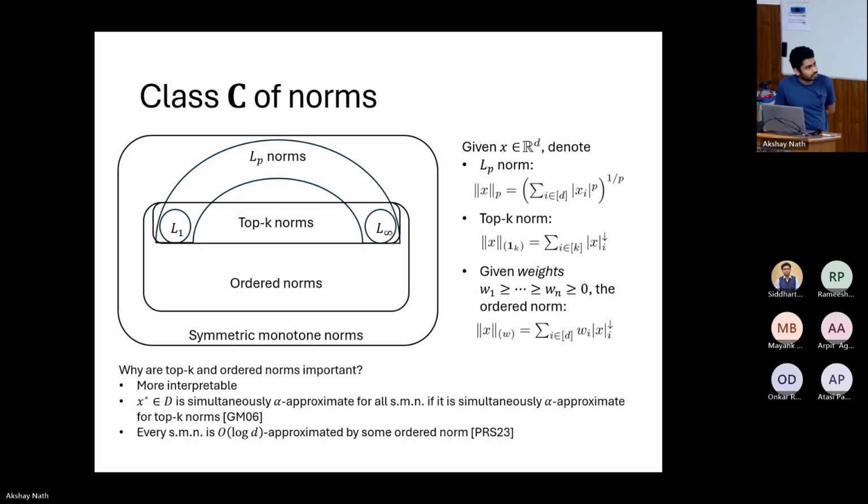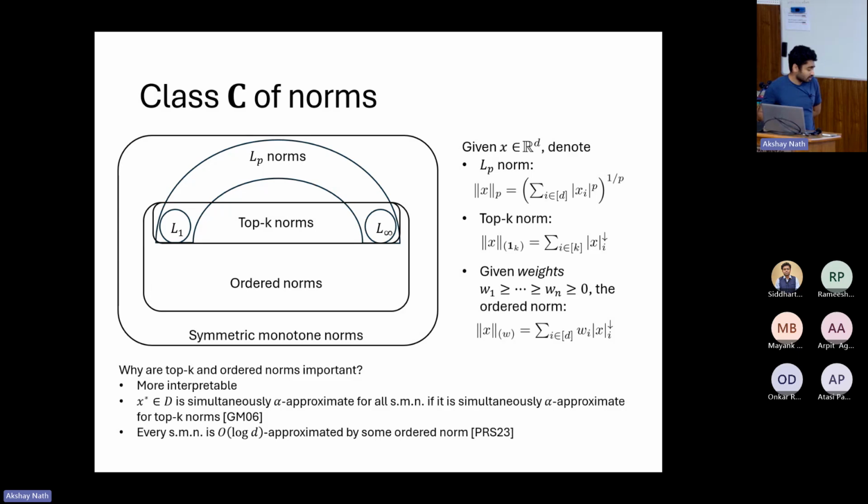You do need one homogeneity, and all of these norms actually by default satisfy that. In fact, this result holds for a much larger class of symmetric convex functions, Schur convex functions, precisely.